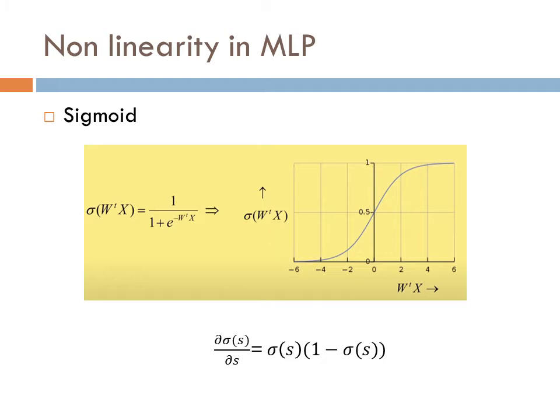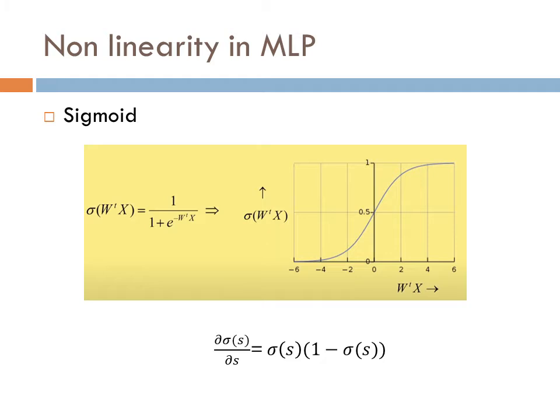Here y is sigma of W transpose x, and it can be represented as sigma of W transpose x equal to 1 divided by 1 plus e to the power minus W transpose x.